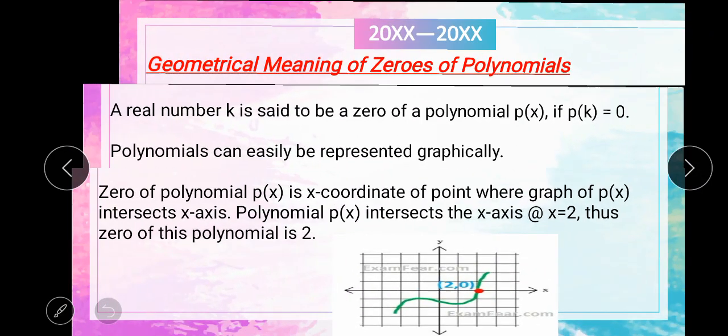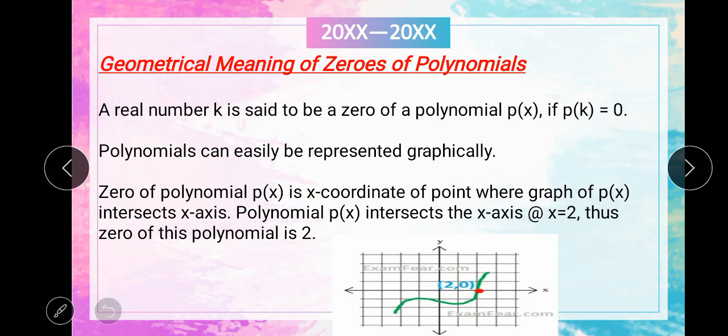Now we will discuss the geometrical meaning of the zeros of a polynomial. A real number k is said to be a zero of the polynomial p(x) if p(k) is equal to 0. Polynomials can easily be represented graphically. The zero of a polynomial p(x) is the x coordinate of the point where the graph of p(x) intersects the x axis.